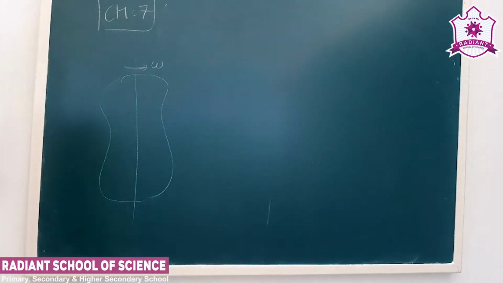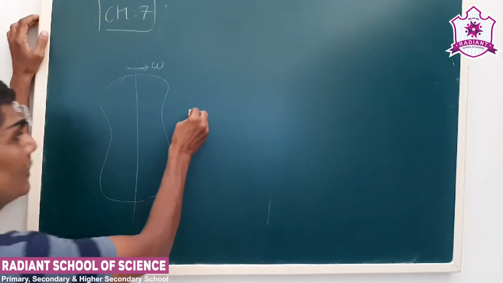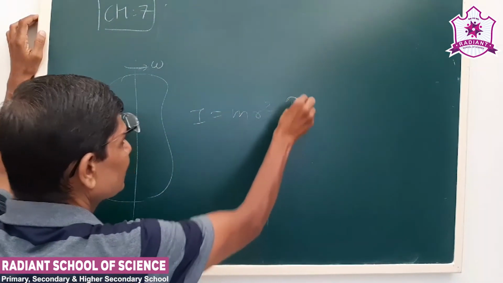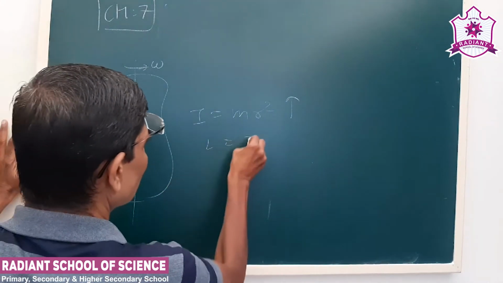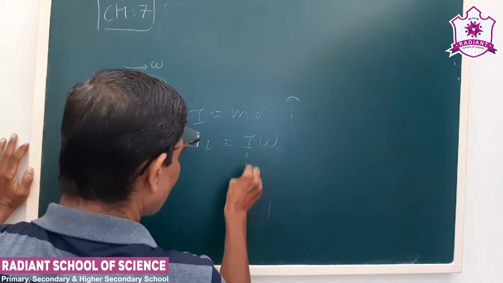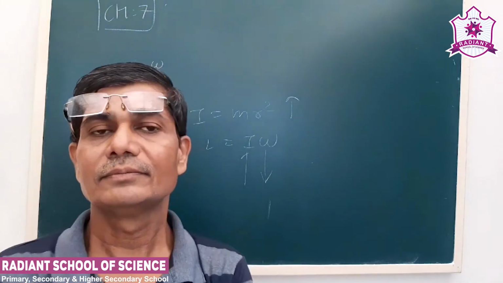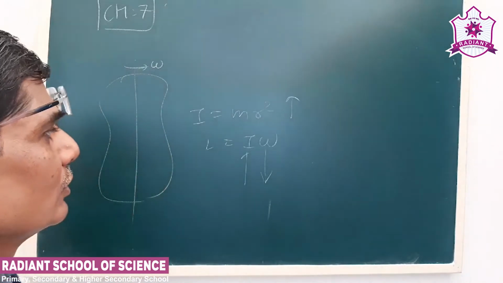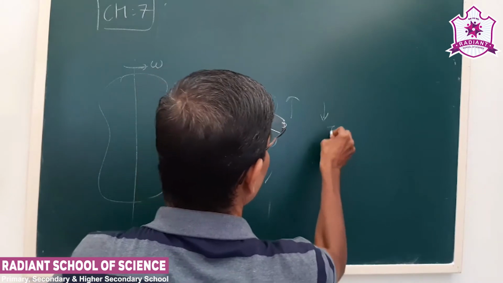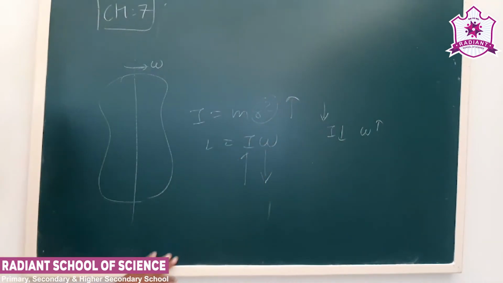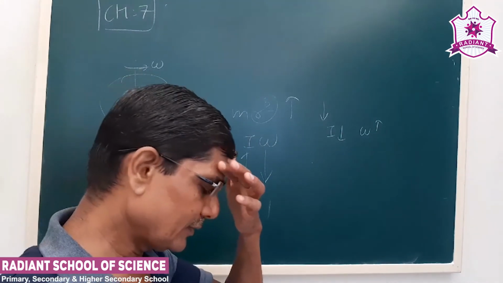When they unfold their hands, R increases, so I equal to mr square increases, since we assume no torque acts on it. Now L is equal to I omega, so when I increases, omega will decrease, so their angular speed decreases. When they fold their hands, R decreases, so I decreases and omega increases.